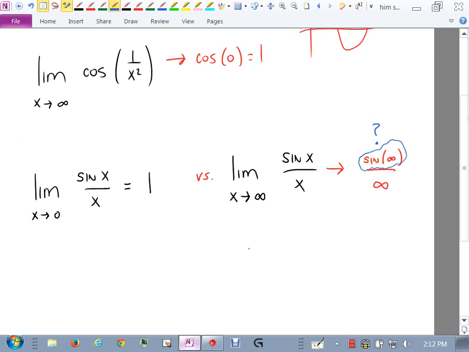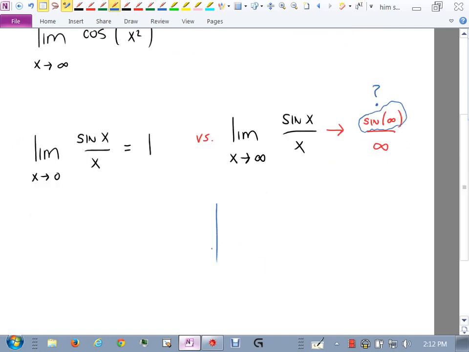So let me draw it. It's fluctuating, yes, exactly. What it's doing is it's starting at 0, and then it just does this and just keeps doing that, right? Repeats itself forever. So if I ask you right now, where's the sine function going as I go out to infinity, you're going to tell me, well, it just keeps going back and forth, right? It's not going to one particular place. Agreed?